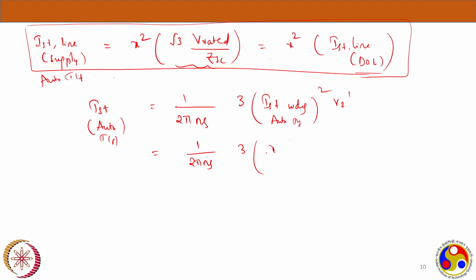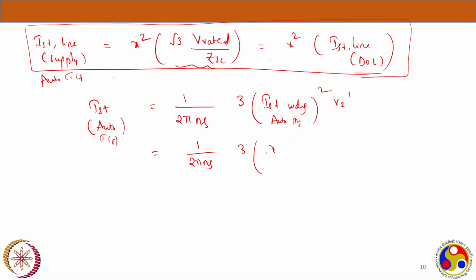Now, if you bring the x square term outside, the rest, 1 by 2 pi ns times 3 times V squared by ZSC squared R2 dash, will be exactly the starting torque in the direct online method.